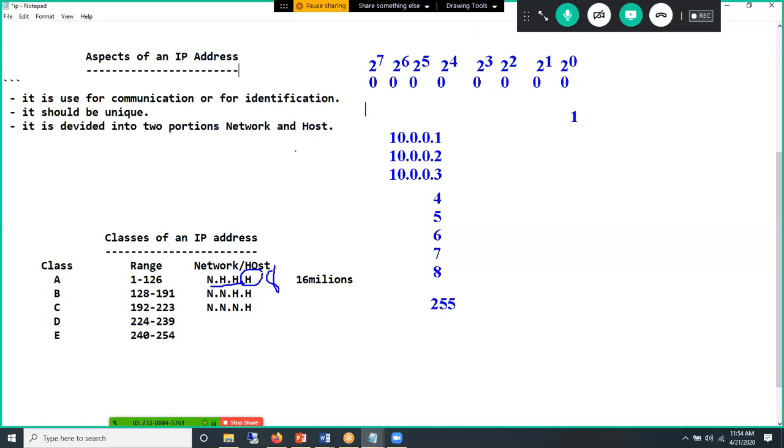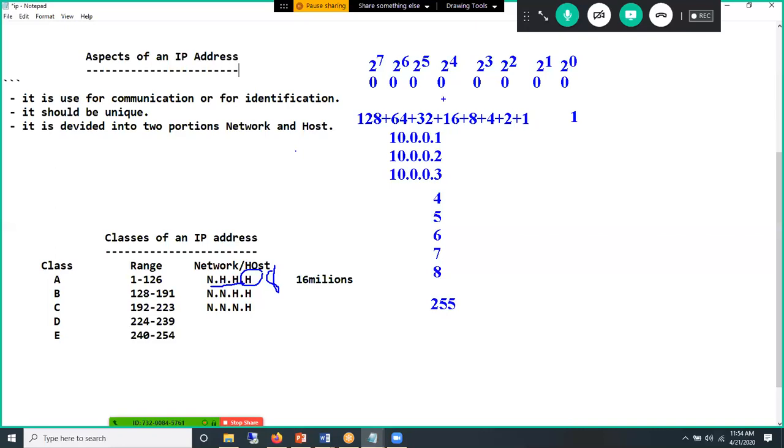Now 2 power 7 is 128. 2 power 6 is 64. 2 power 5 is 32. 2 power 4 is 16. Then 2 power 3 is 8, 2 power 2 is 4, 2 power 1 is 2, and 2 power 0 is 1.